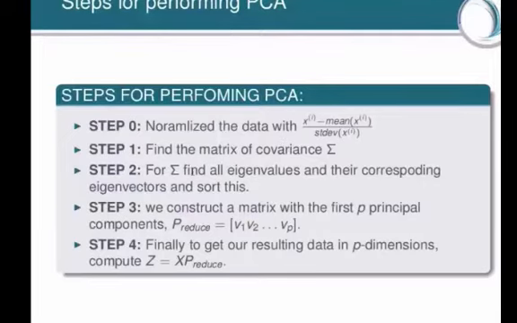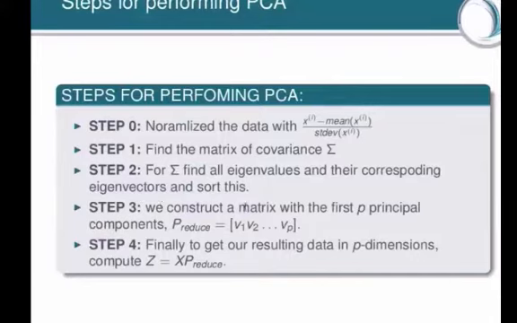Step 2. For Sigma, from step 1, find all eigenvalues and their corresponding eigenvectors and sort them. So, B1 is the first principal component, B2 is the second principal component, and so on.